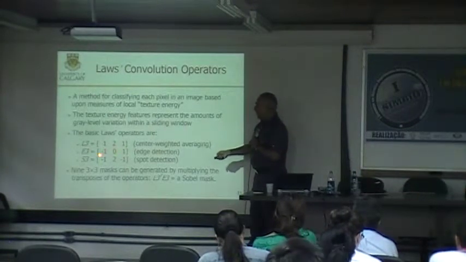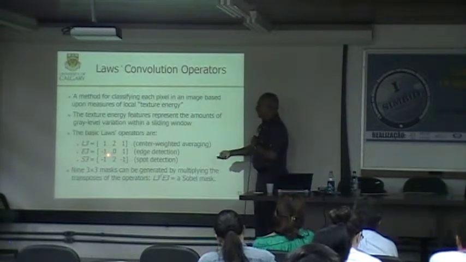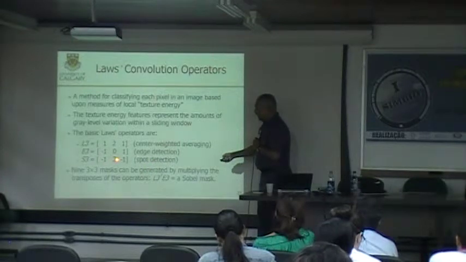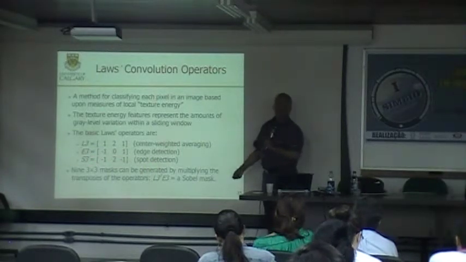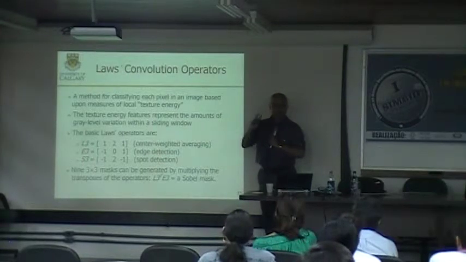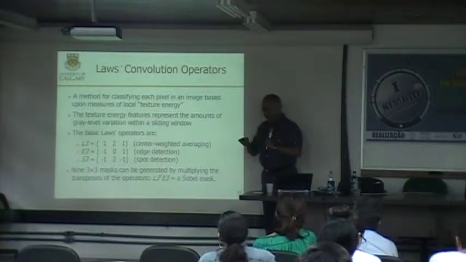This is the difference. Detects edges horizontally. If you want vertical, just do it this way. Spot detection, 2 times current pixel minus previous minus next. So these are the basic filters Laws proposed using 3 values in a one-dimensional filter.